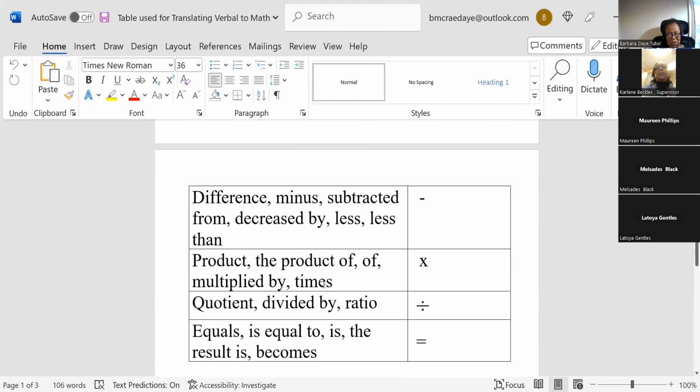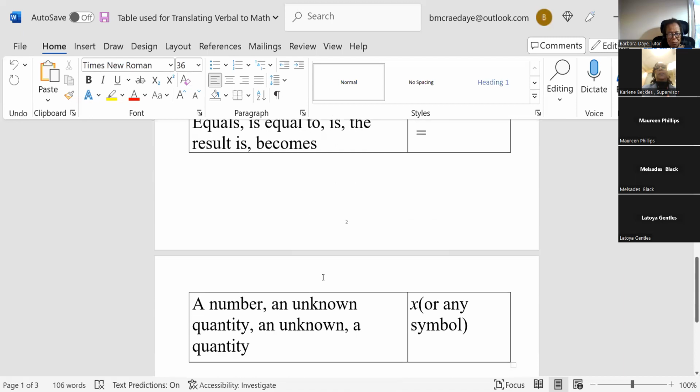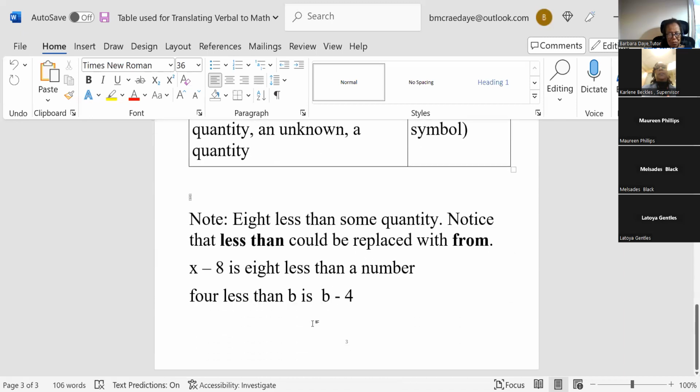Miss Barbara, can I say something? Go ahead. What I was trying to say was I thought you were asking me what number b represents. No, that's not what I asked you. What are we doing here, Mercedes? We're translating the verbal expression to a mathematical expression.